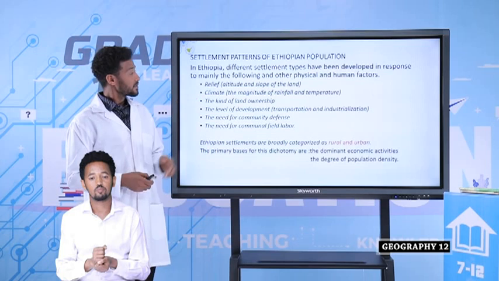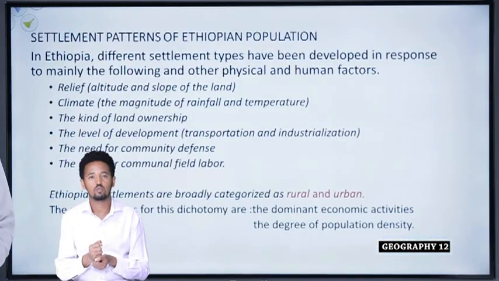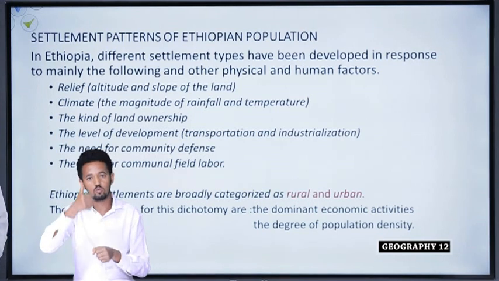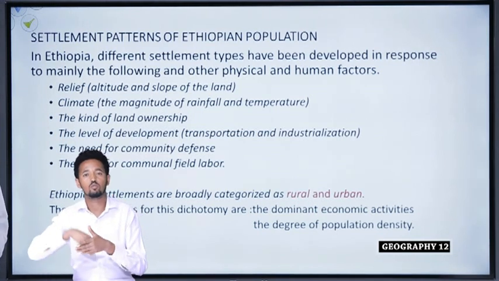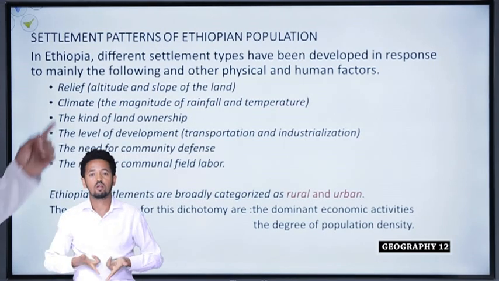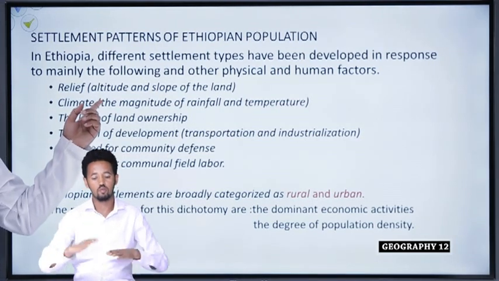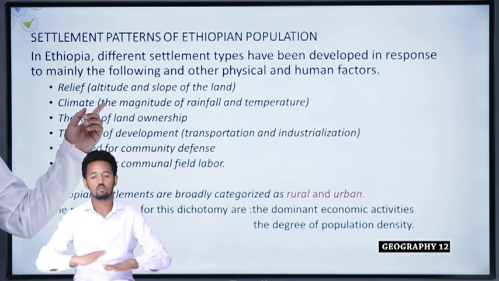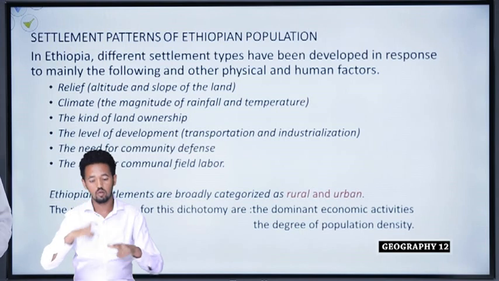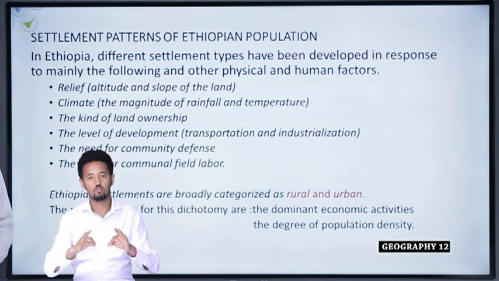if you take relief, it is the first major important factor which affects the distribution of population throughout Ethiopia. From relief, altitude is the major factor. As you know, the Ethiopian landform is ups and downs.